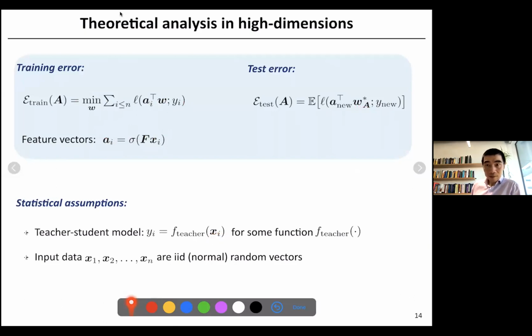And the second typical statistical assumption that we tend to make is that the input data x1 to xn are independent, and each entry can also be independent. Furthermore, you can even assume they are independent Gaussian vectors. So this is the typical simplifying assumption that we want to make. Because we want to know the exact value of training and testing errors, we have to make these additional statistical assumptions on how the data are generated.